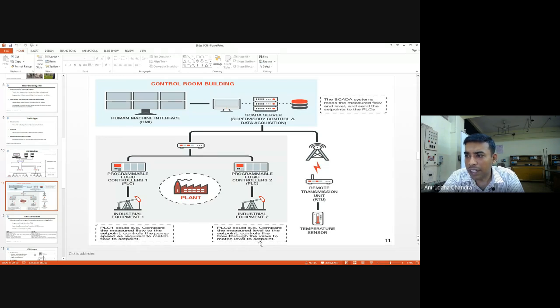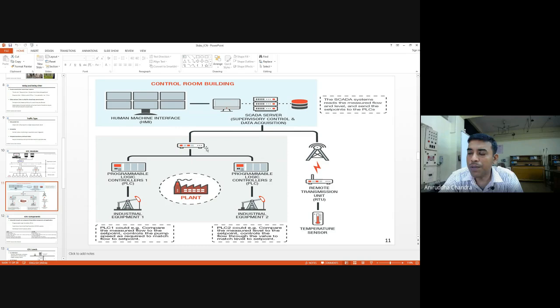Like we can control the flow through the valve to match level to set point. Here it is about the pump, here it is about the valve and so on. So there are 2 sets of programmable logic controllers which take care of 2 different actions, and then they are connected by a switch.